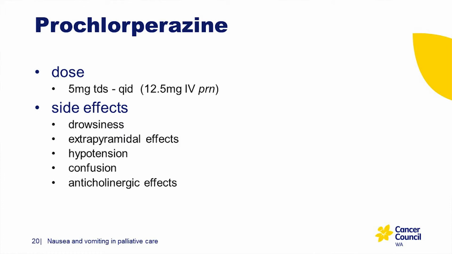We should, however, try not to give it intramuscularly. Intravenous is going to be far more effective, but also not painful like an intramuscular injection. The most common side effect with prochlorperazine is drowsiness, but we can also see extrapyramidal effects. We can get hypotension, we can get confusion, and we can get anticholinergic effects as well.